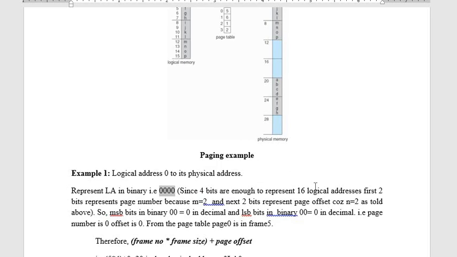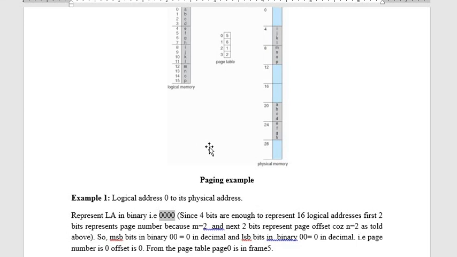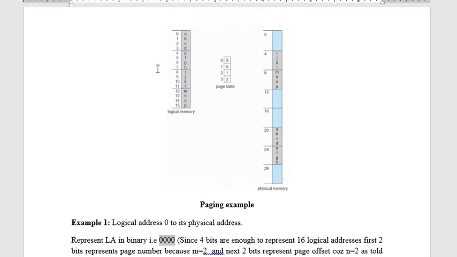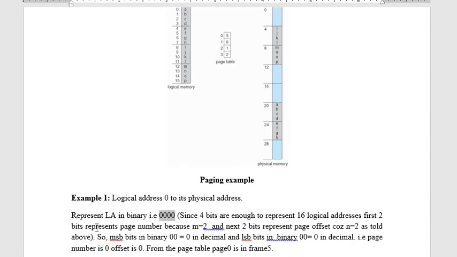Since we have divided 16 logical addresses into 4 pages, to represent 4 pages only 2 bits are enough. So that's why from the MSB, 2 bits are used to represent the page number.